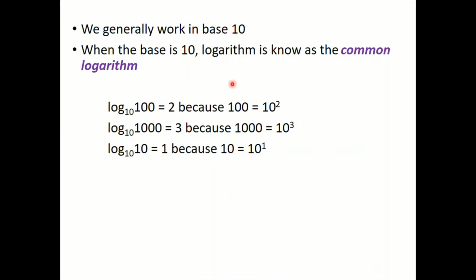And we see some examples down here. For example, the log of 100 to the base 10 is equal to 2. That's quite computationally easy, and we can quite easily see the answer, because remember, with logarithms, we are working out the power that a base needs to be raised to in order to get a particular number.